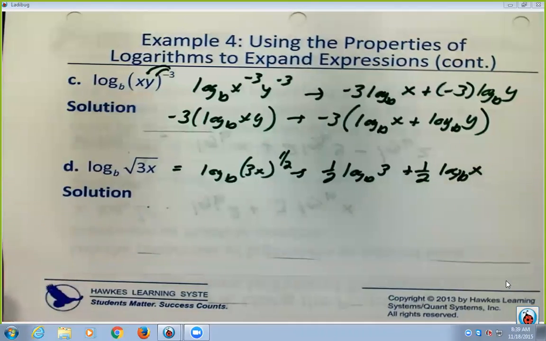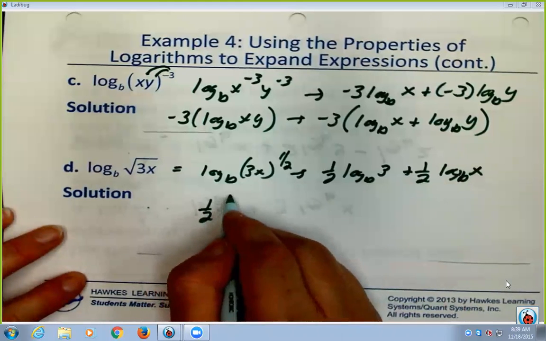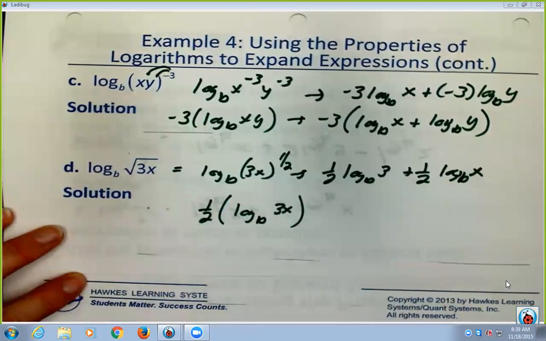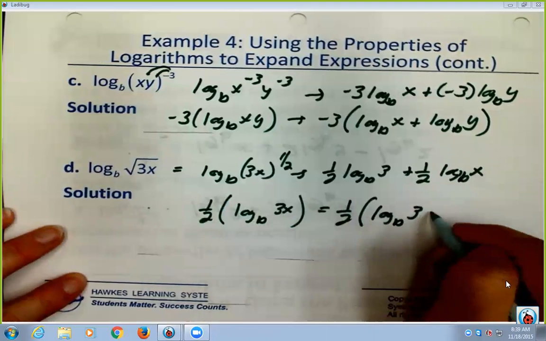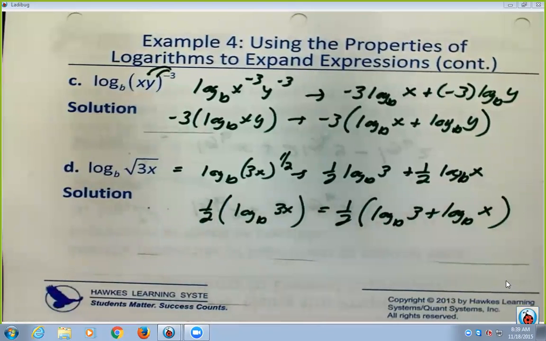Or leave it all together and put the half out in front. We're going to use this stuff in 11.7 next week. Not right now, but we'll expand some stuff out there or put some stuff back together to come up with solutions. Right now, we're just practicing it for that purpose.